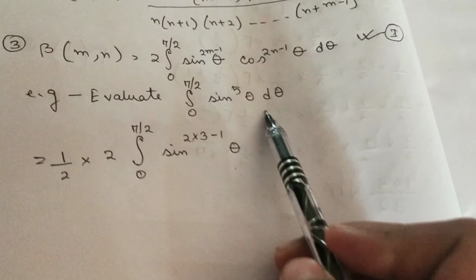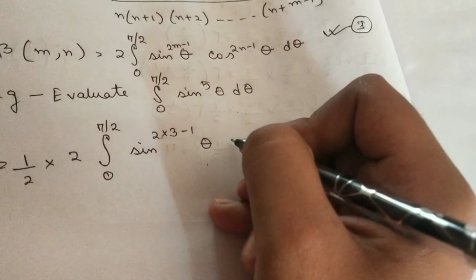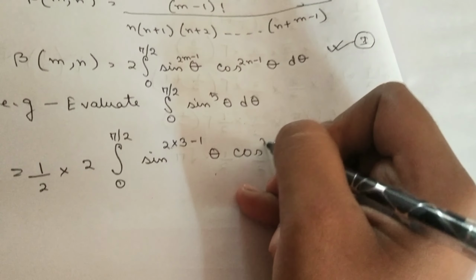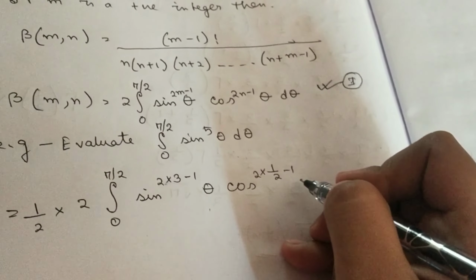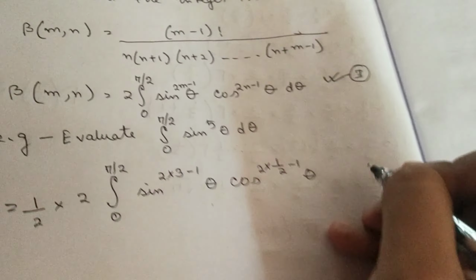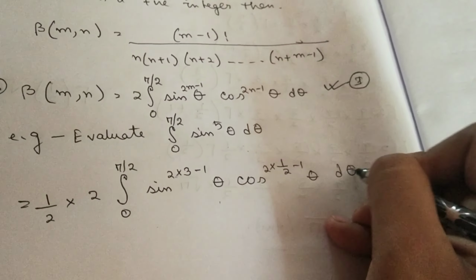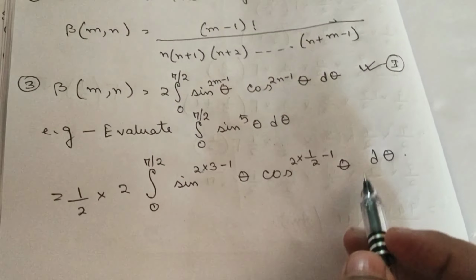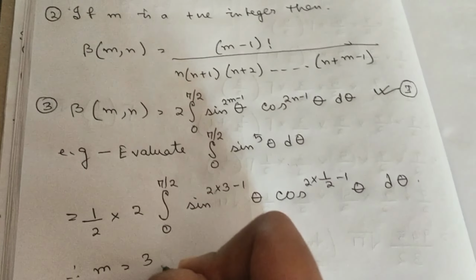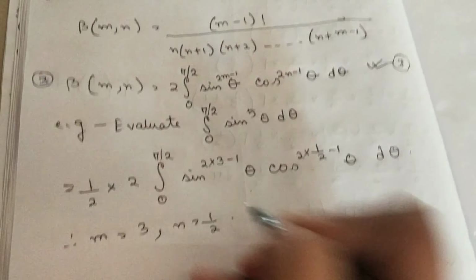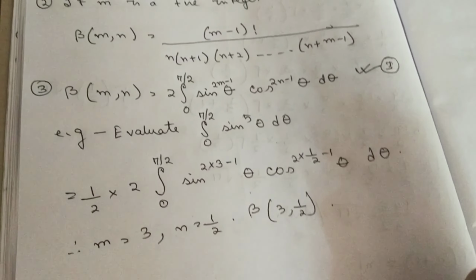As there is no cos value, cos to the power 0 means 1, right? So we can write cos as cos 2 into half minus 1, where 2 will get cancelled, and theta, d theta. So in this form we can write. So we get the value m equal to 3 and n equal to half, right? So beta 3 comma half.